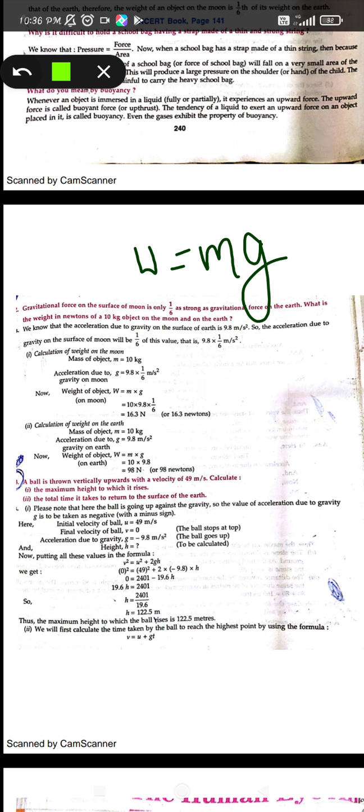If it cancels out, then it will be 5 into 9.8 by 3. Multiplying 5 into 9.8 gives 49, and dividing by 3, we get about 16.3, so we can write 16.3 Newton. Got it? So the weight on the moon is 1/6 times that on the earth, because the moon's gravity is 1/6 that of the earth.